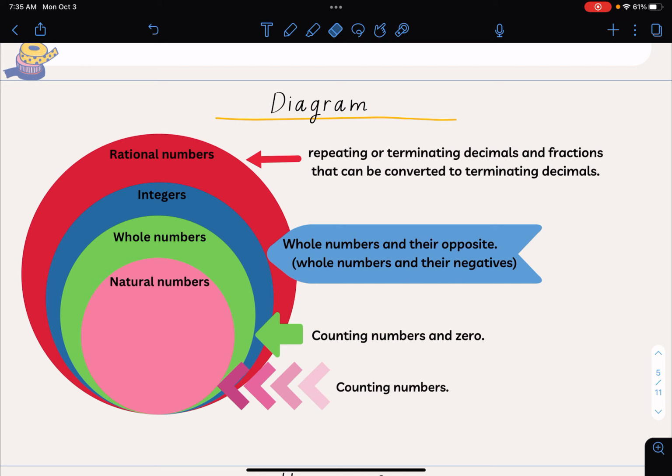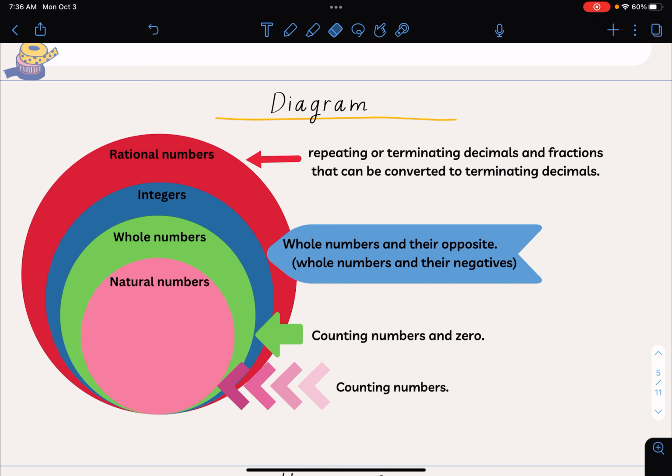So the first one would be rational numbers. And rational numbers are repeating or terminating decimals and fractions that can be converted to terminating decimals. So that's 2 different things. Okay, so you would write that on your arrow next to rational numbers.